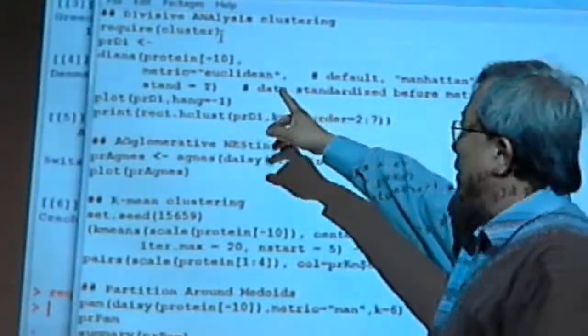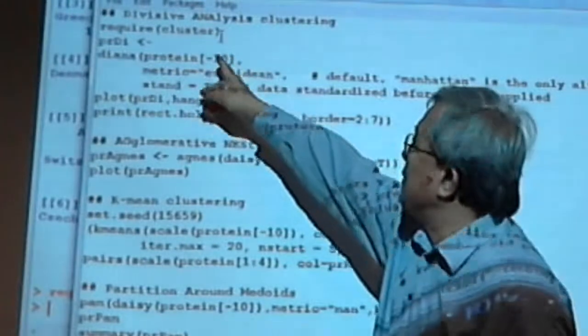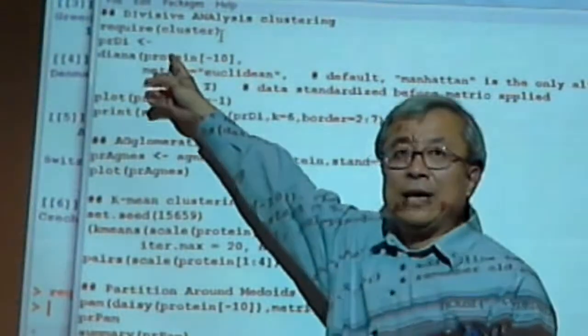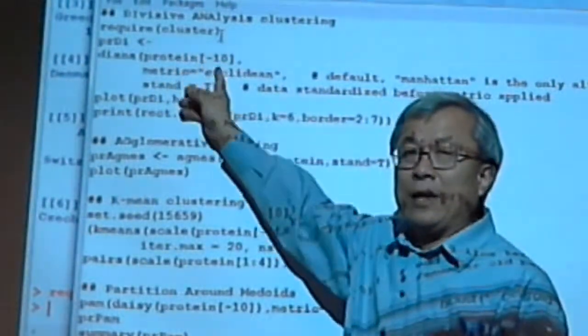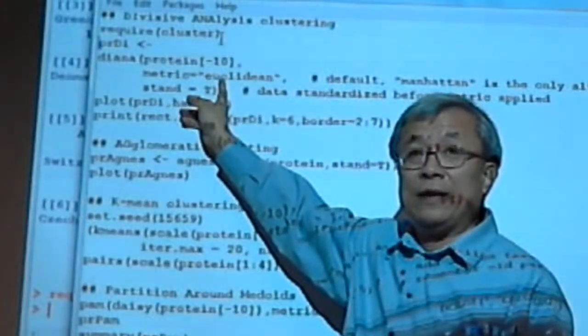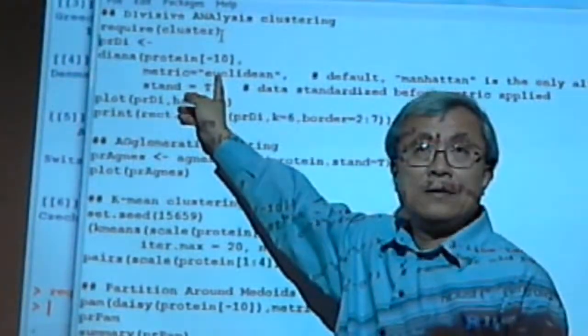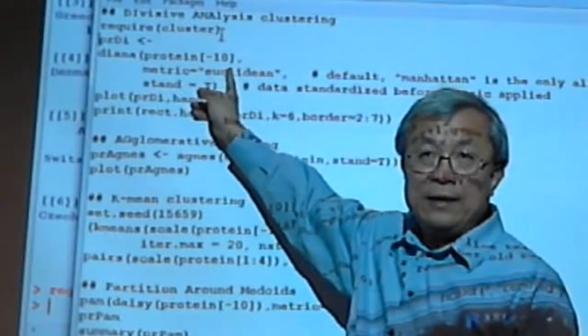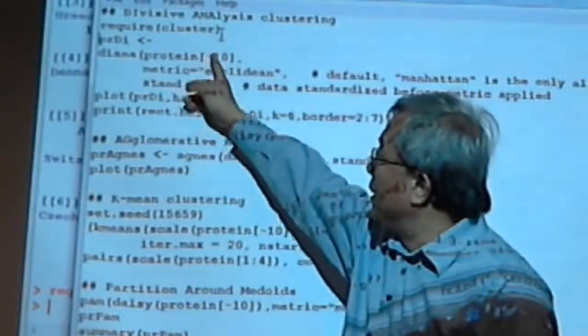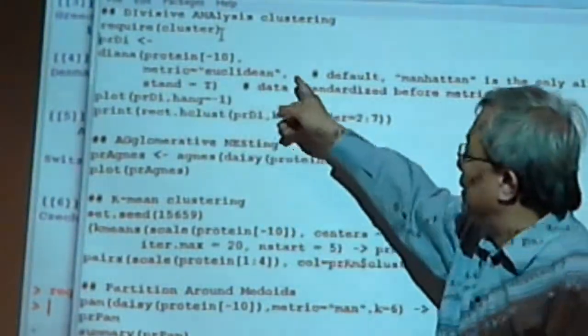We ask for divisive analysis clustering of our protein data, excluding the nominal data, because I want to use the Euclidean distance. I cannot have nominal data in there. So I have protein, say 2 to 10, and the metric will be Euclidean, and standardization should take place before Euclidean distance is applied.